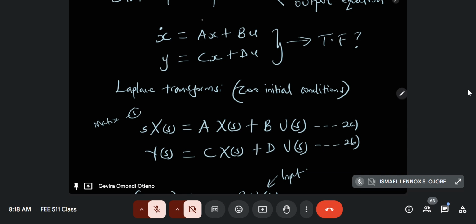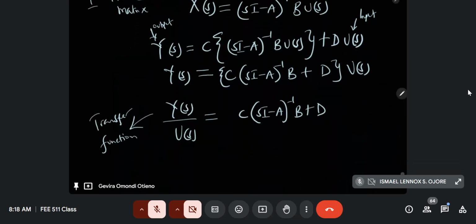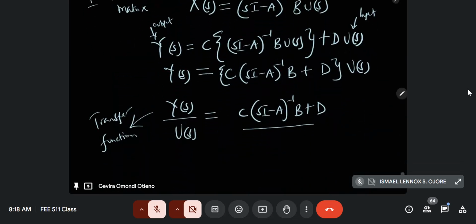So you'll be given A, B, C, and sometimes D. And once you're given those, you can simply use this formula because you've got everything you need, so as to get the relationship between the input and the output in the form of a transfer function. So that's all you need to know.